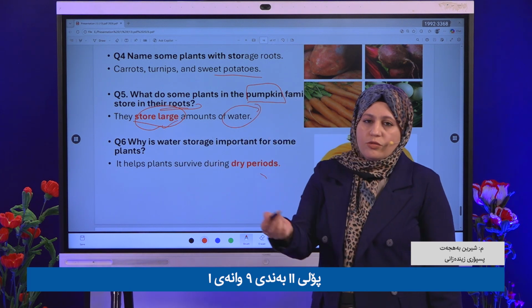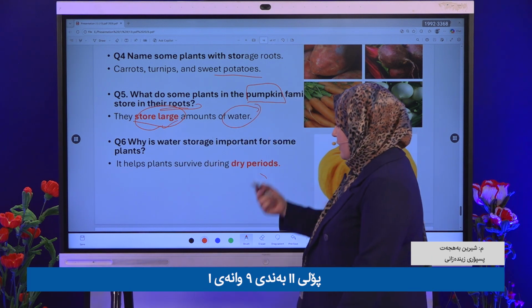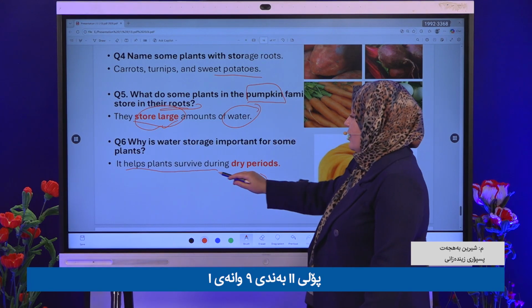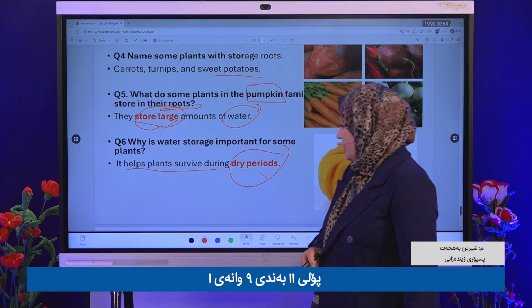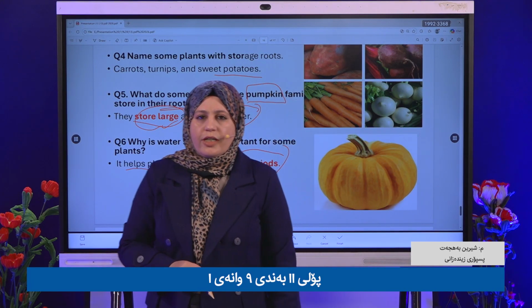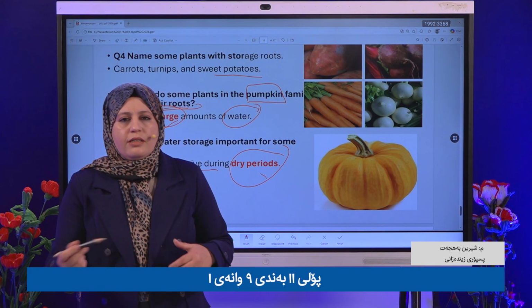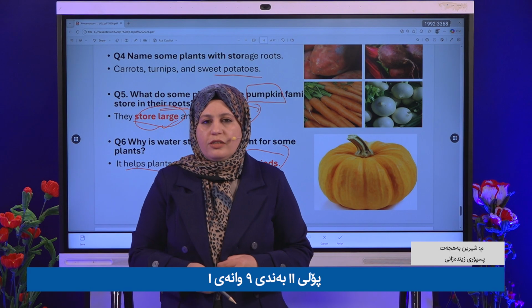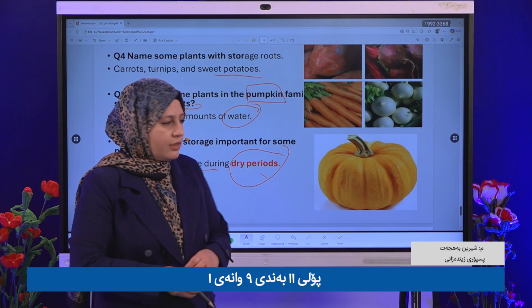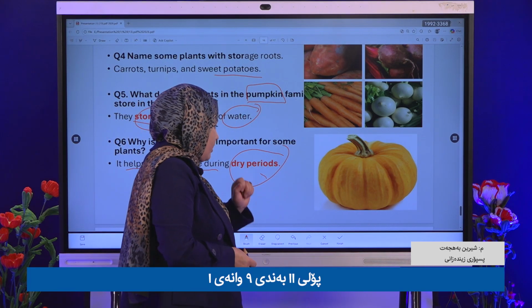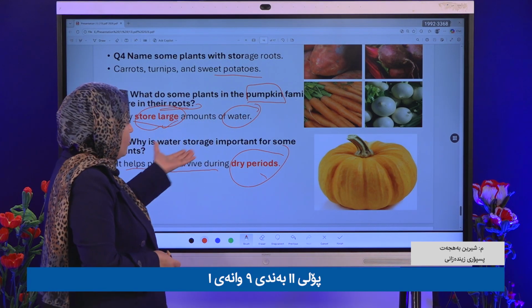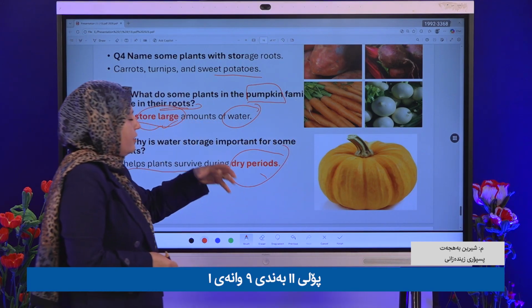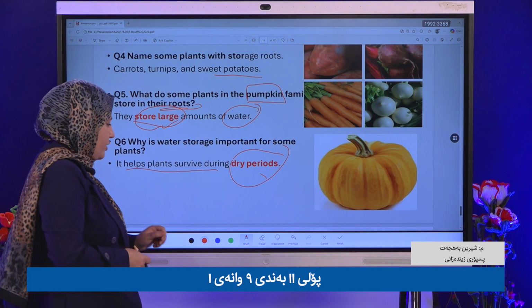Water. Why do they store a large amount of water? To help plants survive during what? During the dry period, which means a harsh environment where there is no precipitation. Clear? That's why the roots of pumpkin store a large amount of water.